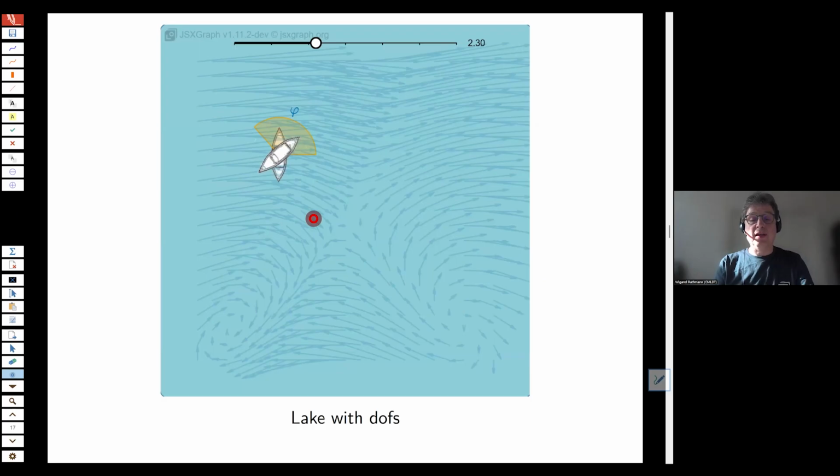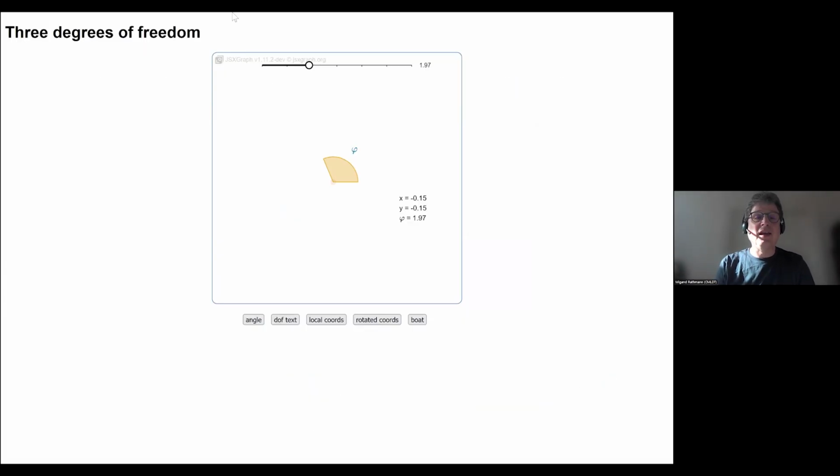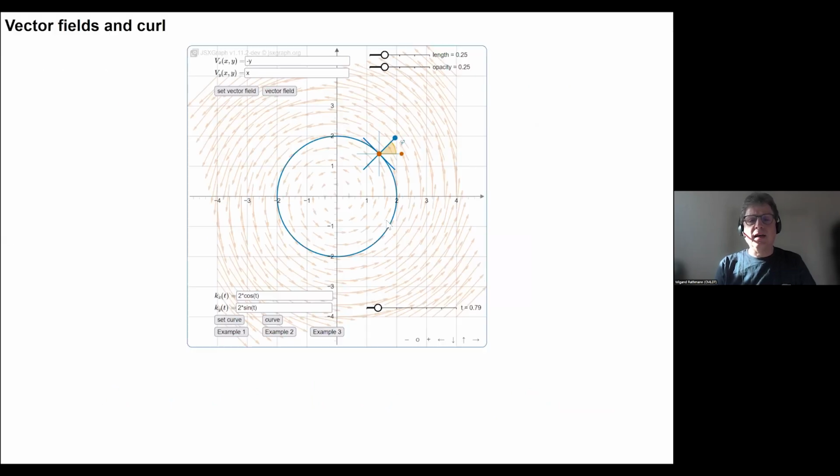And how does it look like? We remember we have a boat on a sea. It can turn around, and we try to reduce this to a point. And if you look here, I have a point going around.